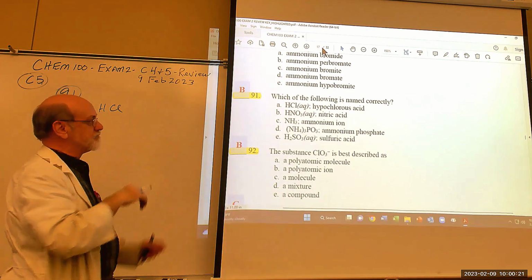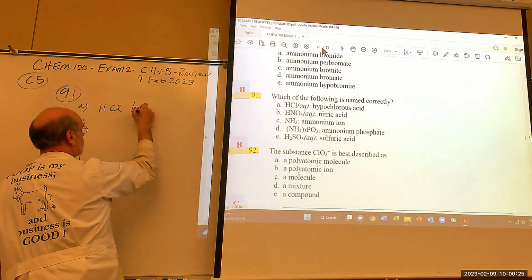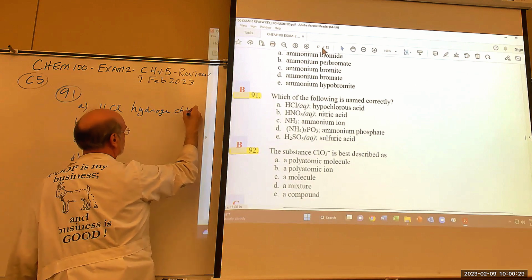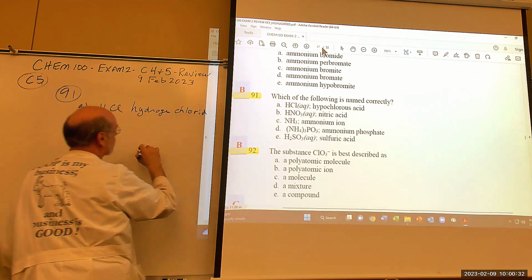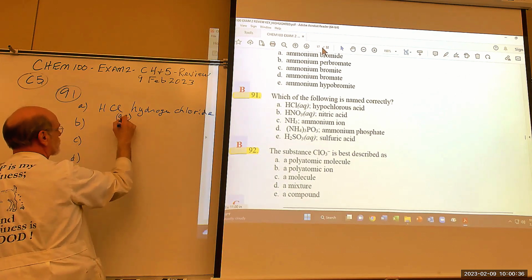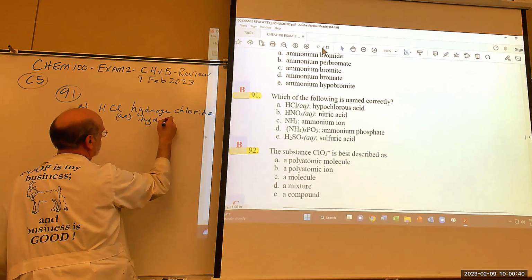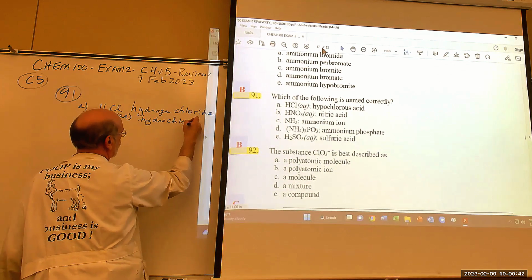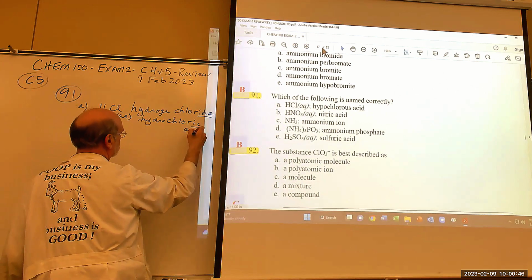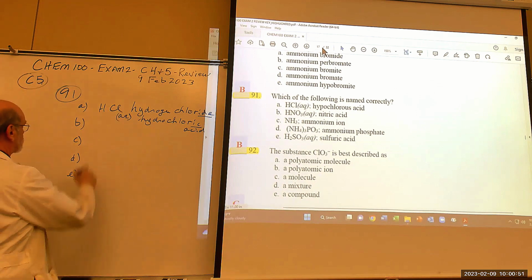If this is non-aqueous, it would be what? Hydrogen chloride. But if it's aqueous, it's hydrochloric, right? Ide becomes ic, hydrochloric acid, right? That's not it. That's wrong, right?